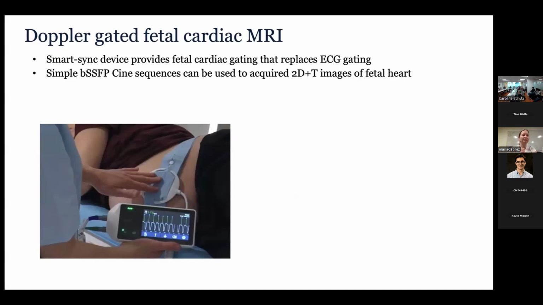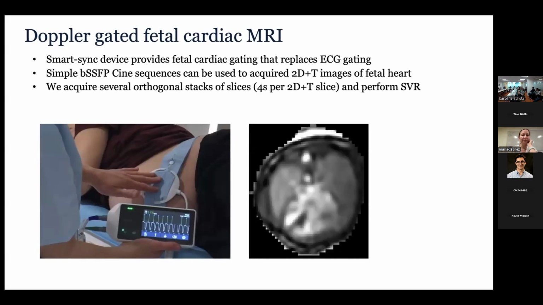So we use just the basic bSSFP gated cine sequence, like we would do in adult to get 2D plus time. Sorry, this movie is not exactly the right speed, but you can see the type of data that we get. It's not very high quality. The reason is that we have a very basic sequence, and also we need to stay on the slice for a long time.